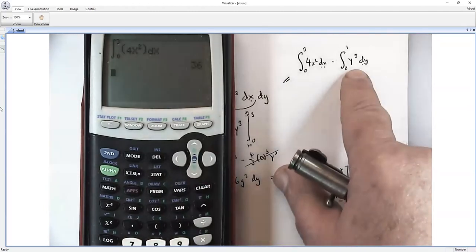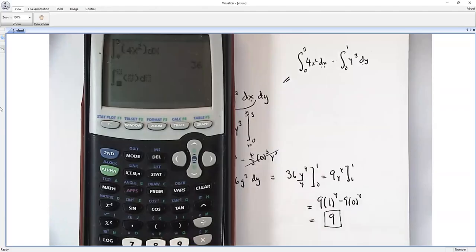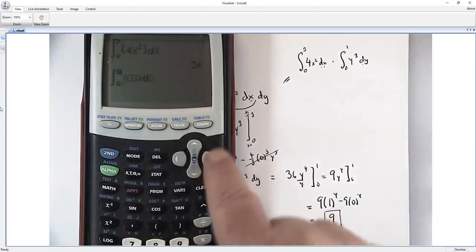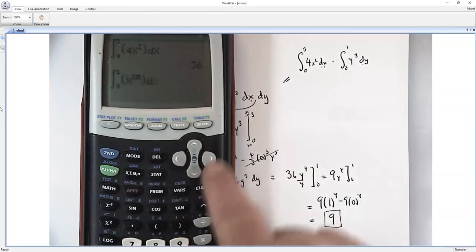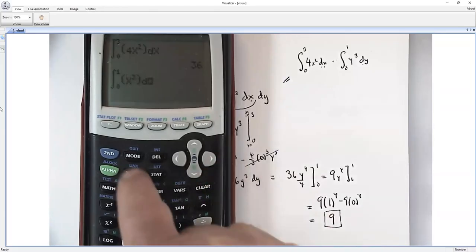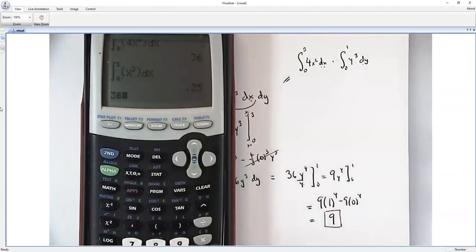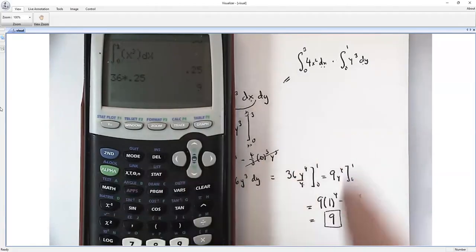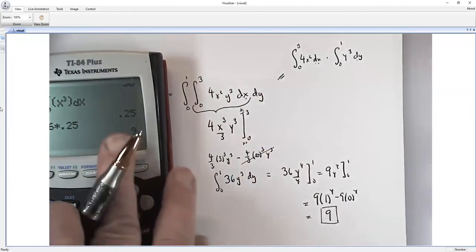I got 36. And my second one, math number 9, integral from 0 to 1 of y cubed; instead of y, we use x's again, x cubed dx. And I end up getting 1/4. And if I take 36 times 0.25, 1/4, I get 9. And that's basically multiplying these two answers together, and I get my answer that way.